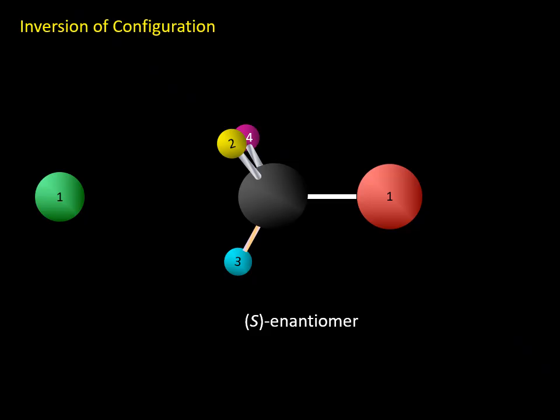Now let's consider what happens in the course of the reaction, how the inversion affects the configuration of the product. So here is the starting material. We can see that the leaving group has the highest priority, priority 1, and then the remaining substituents have priorities as indicated.